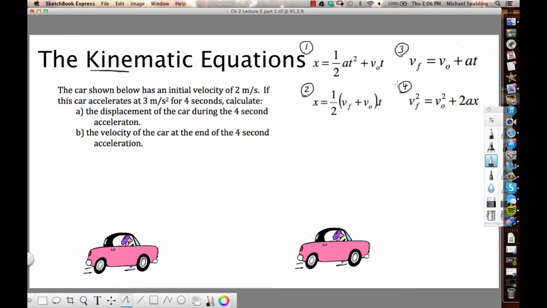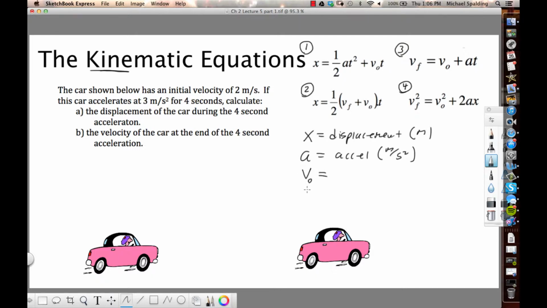Now, let's define the terms. X is displacement. And what do we measure displacement in? Meters. A is acceleration. And what is acceleration measured in? Meter per second squared. V naught, that little zero there is naught.